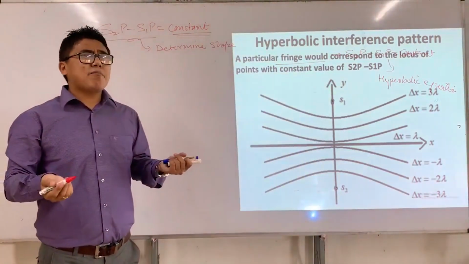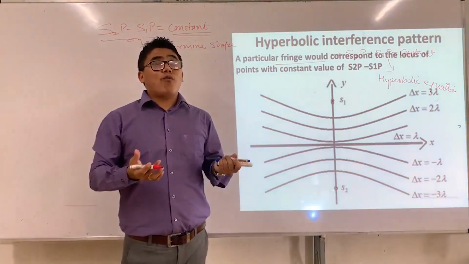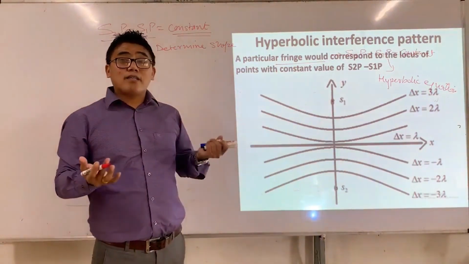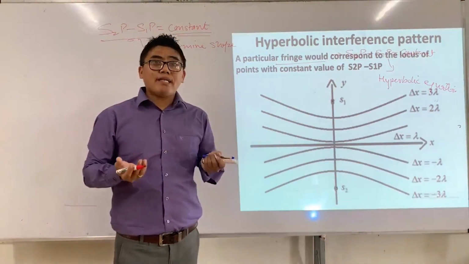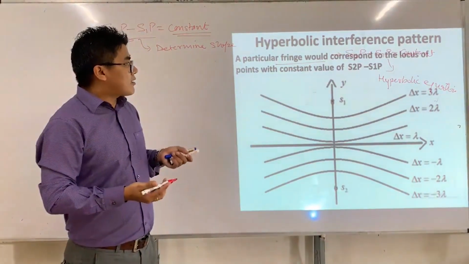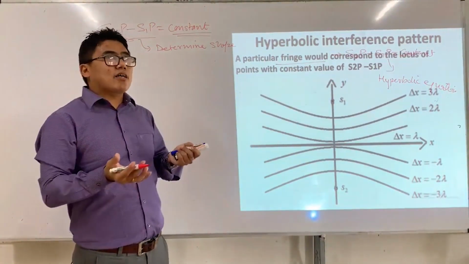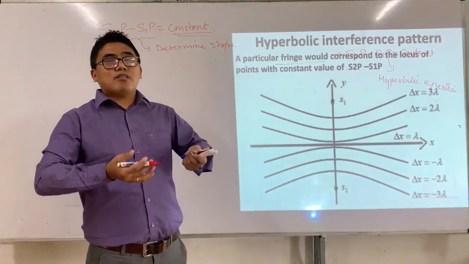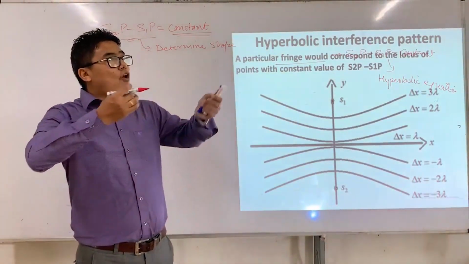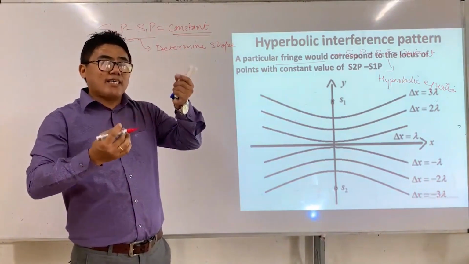Maybe in the exam they may ask what is the shape of the interference fringe? The answer is hyperbola. But if you want to know why it is a hyperbola: hyperbolic curves are obtained from the set of points having a constant difference of distances from two foci.